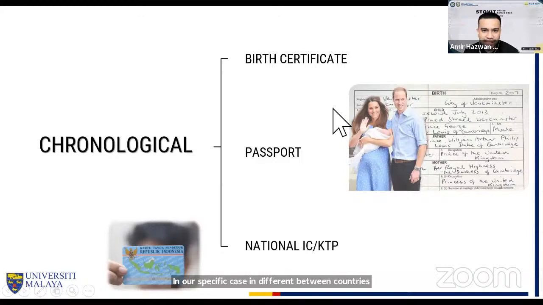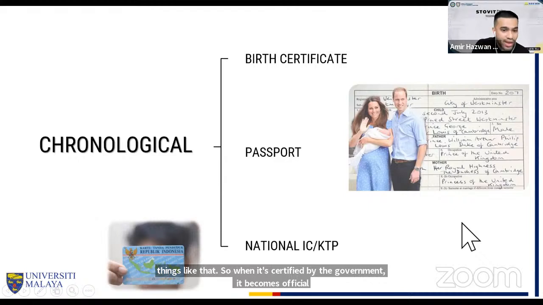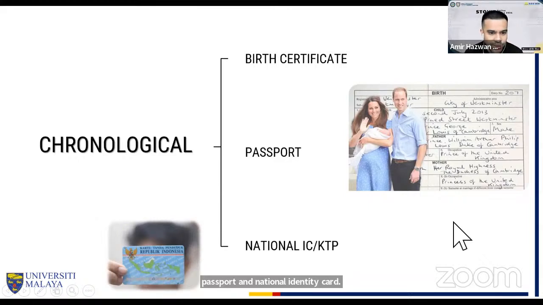The most important thing is you have your name, your date of birth, your parents' names, and things like that. So when it's certified by the government, it becomes an official passport and national identity card. Or I think in Indonesia, you use KTP as a national identification.